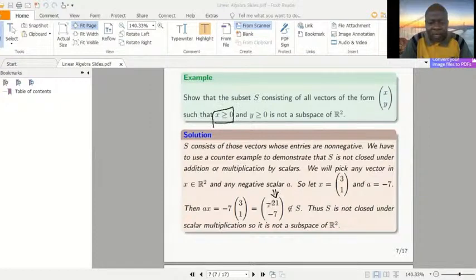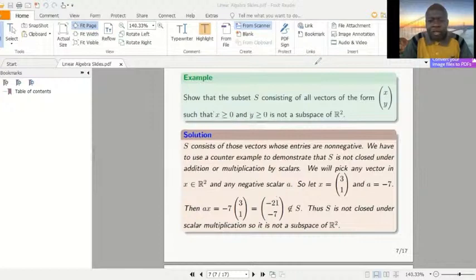My x is negative 21. It does not meet this condition. And y must also be greater than or equal to 0. My y is negative 7, but it does not meet this condition. That means this new vector is not in S. And therefore, S is not closed under scalar multiplication, meaning that S is not a subspace of R2.